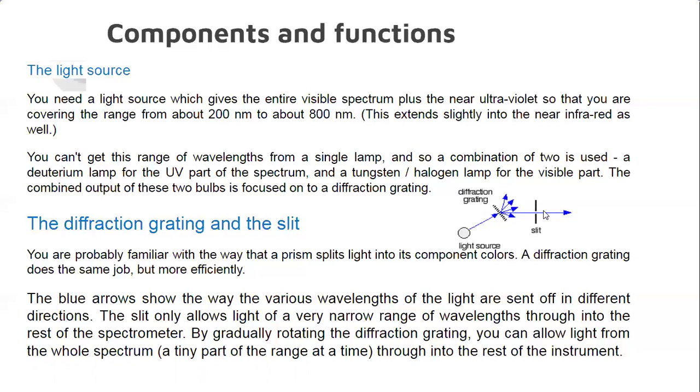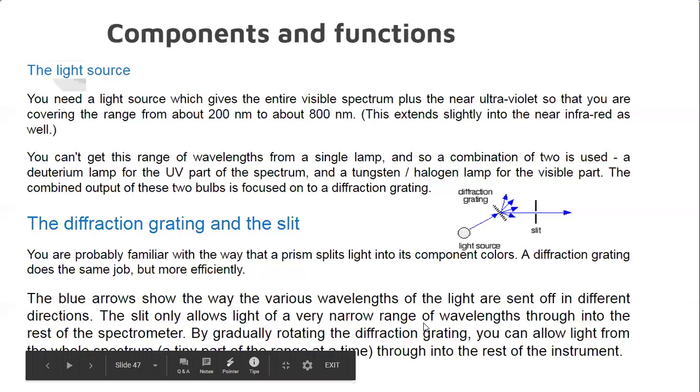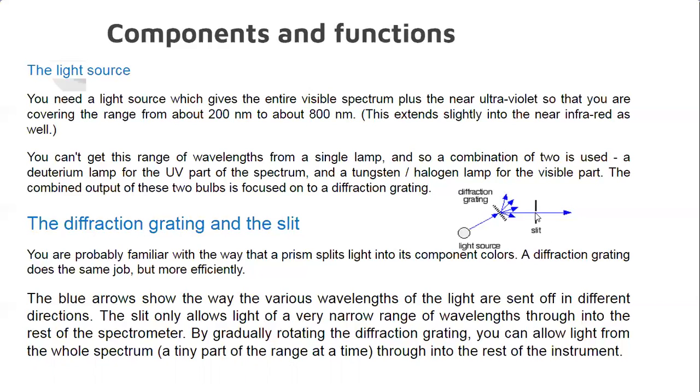But the slit doesn't allow all these components of wavelengths into the next part. It will allow only a narrow range, meaning only 200 to 205 or 205 to 210, which may be 4 or 5 components of different wavelengths. That is known as a narrow range of wavelengths. So the role of this slit is to allow only a narrow range of wavelengths into the next part.